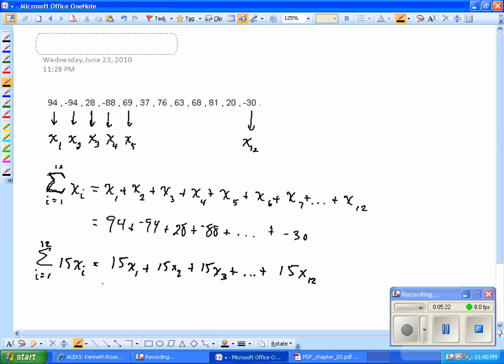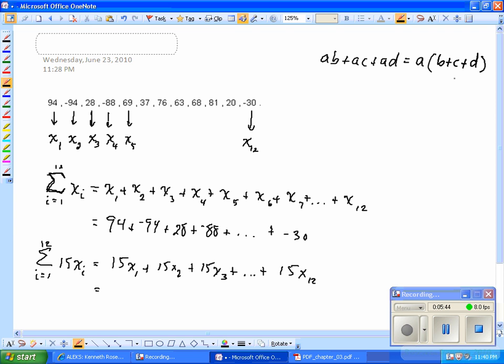Well, that seems like it's a pain, and it might be if you don't know your algebra. But I think you do know your algebra. And if you know your algebra, you know that a times b plus a times c plus a times d is the same as a times the quantity b plus c plus d. That's the distributive property with three terms.